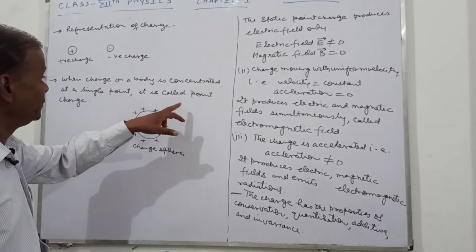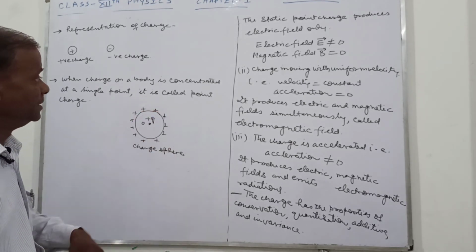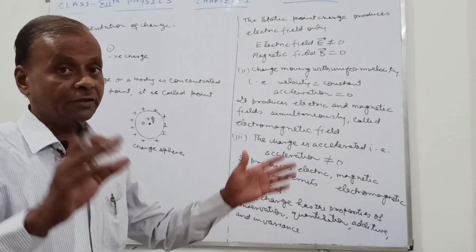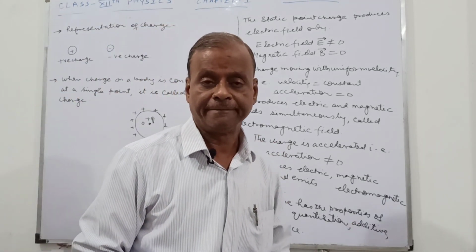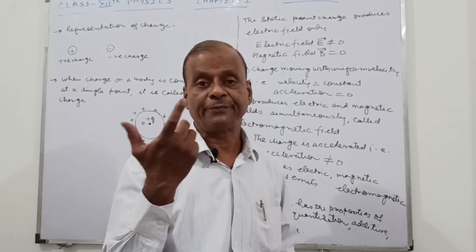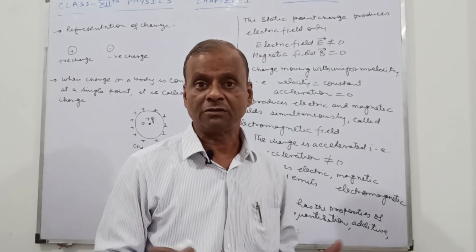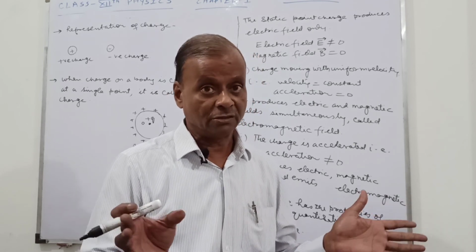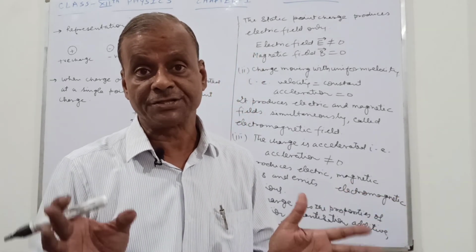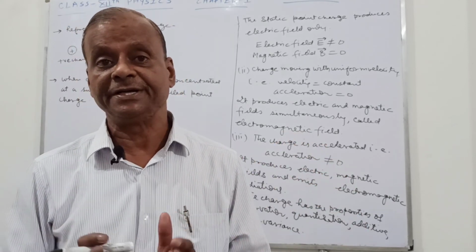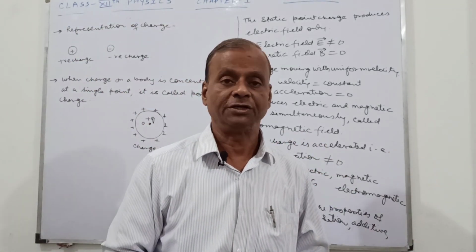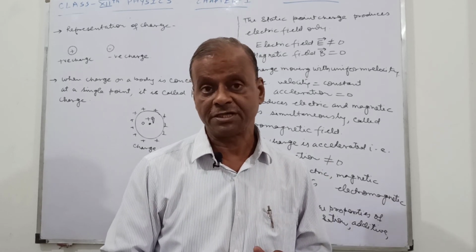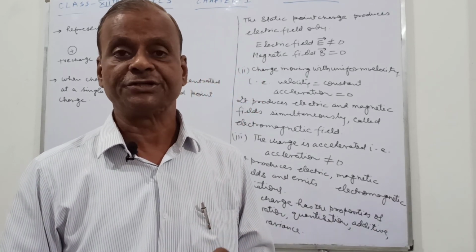So in this way, when the charge is concentrated at a single point, this is called the point charge. The size of the body is big, but the charge is at a single point. It means that the size of this charge is very small or negligible in comparison to the size of the body. So whatever we talk about in electrostatics is only the point charge.